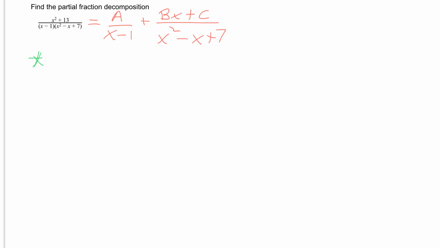We're going to go ahead and multiply by the least common denominator. And in this problem, our least common denominator is x minus 1 times x squared minus x plus 7.